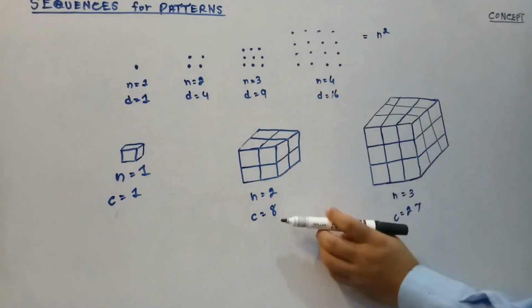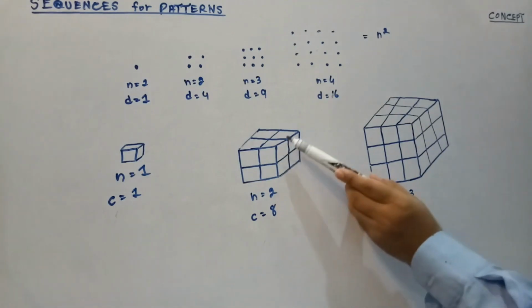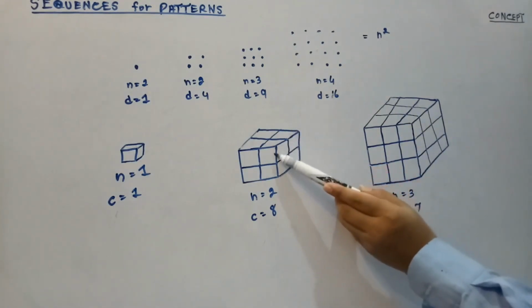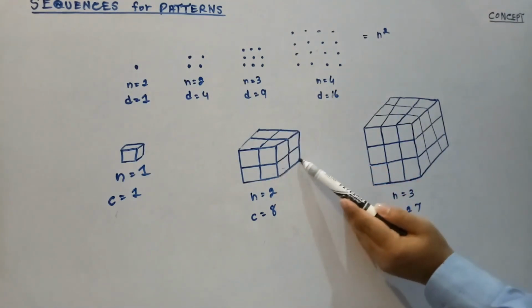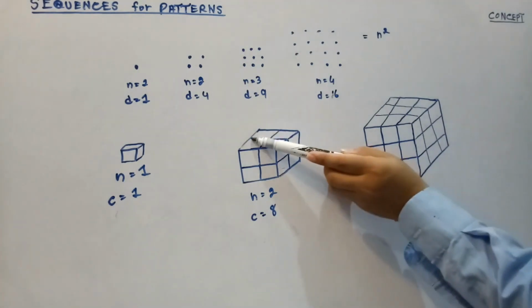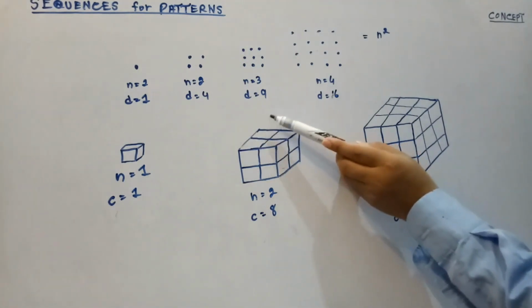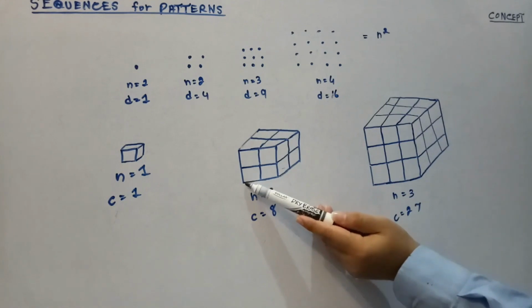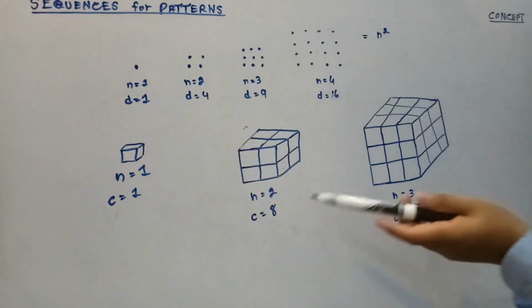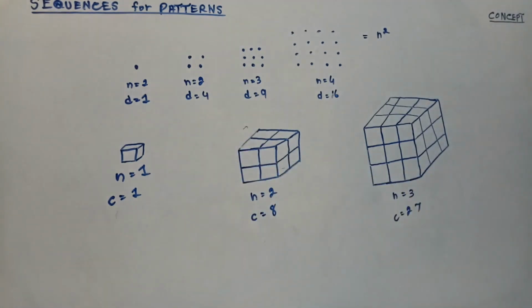Similarly, in the second pattern we have 8 cubes. You can count. This one is first, second, and below third and fourth. Similarly, fifth, sixth, and below one, seventh, and behind this it is 8.